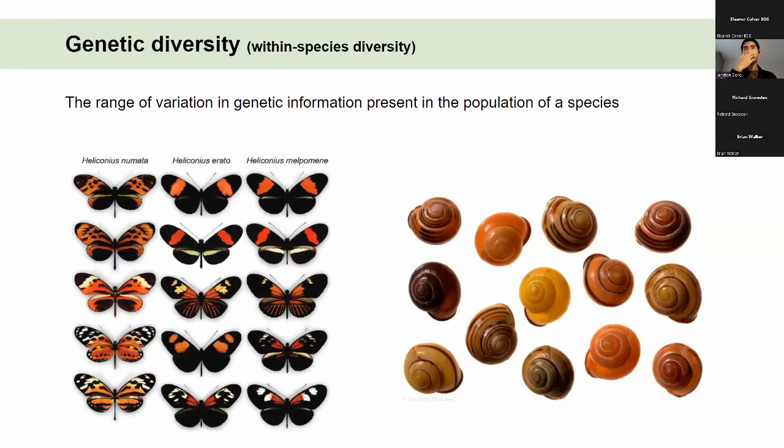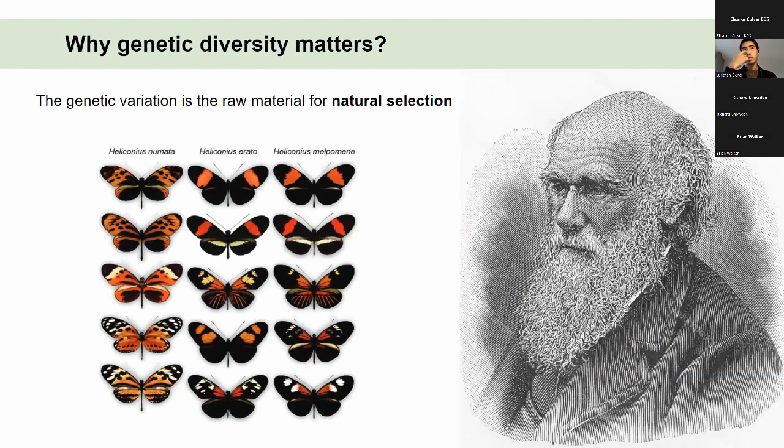So genetic diversity, we talk a lot about genetic diversity today. It describes the range of variation in genetic information present in the population of a species. So why does genetic diversity matter? Because genetic diversity is the raw material for natural selection.